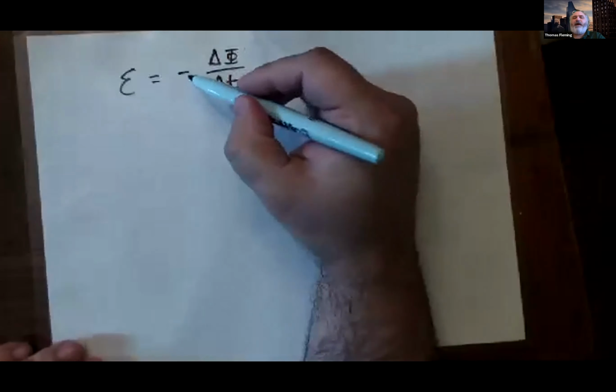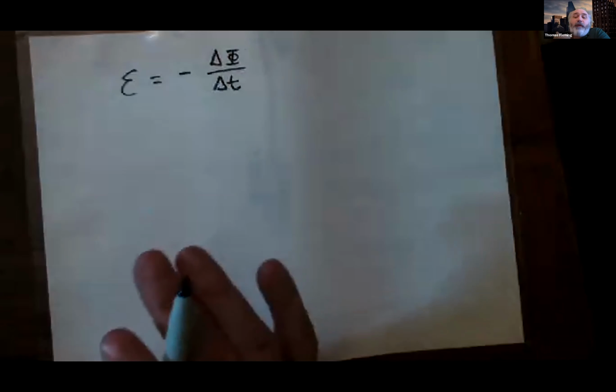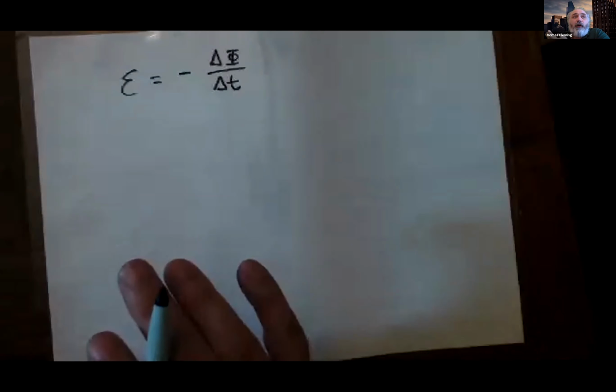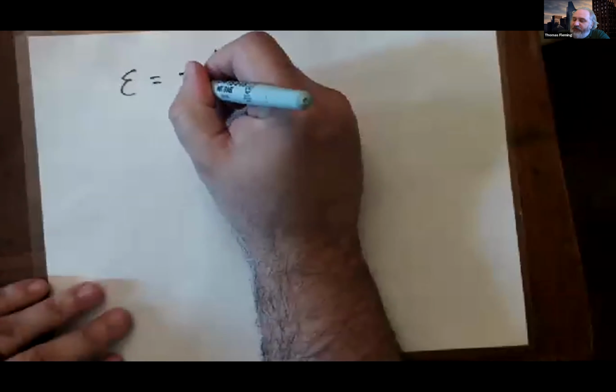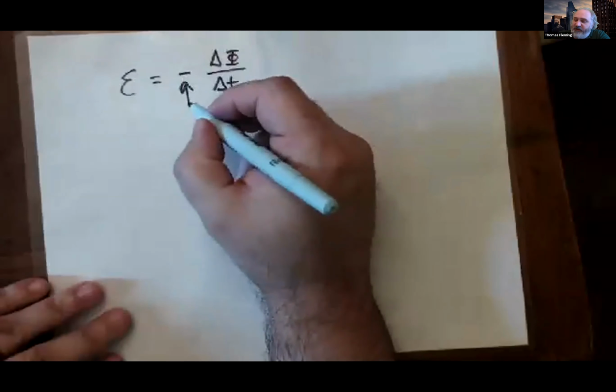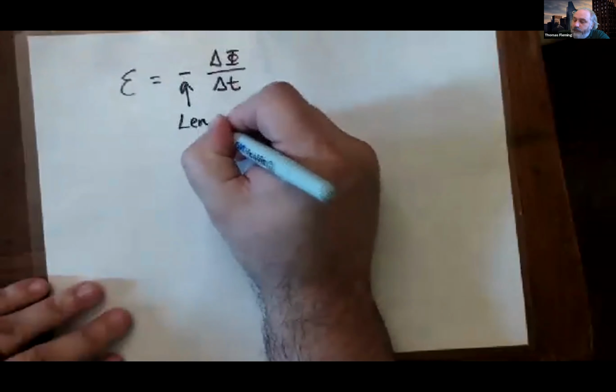But this minus sign is perhaps the hardest thing for a lot of students to wrap their heads around. And it shouldn't be. It's not that complicated. It's also the only place in physics that I can recall where a minus sign has a name, right? This minus sign is the representation of something called Lenz's law.